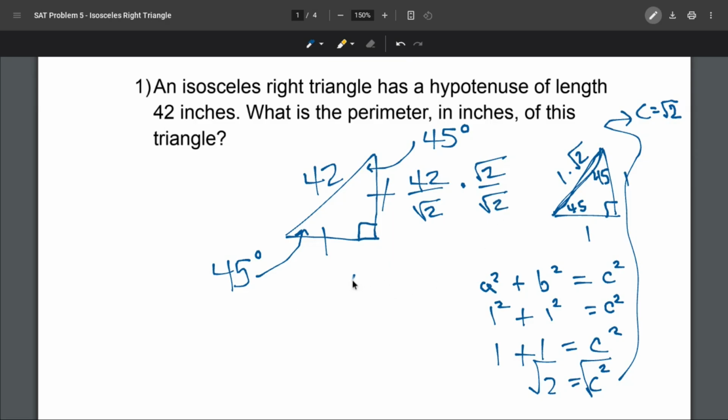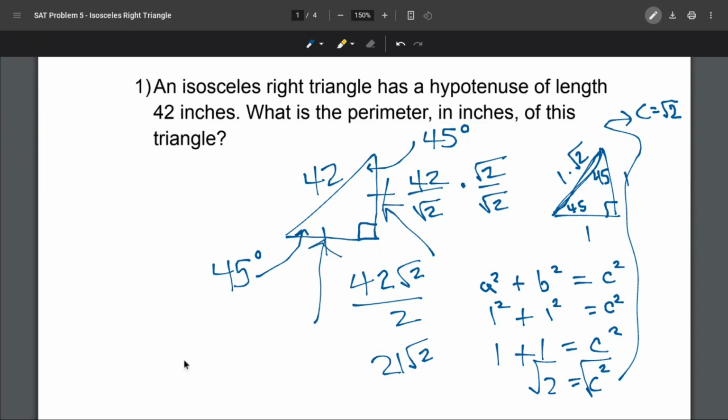So that's going to give me 42 square roots of 2 over 2. And 42 divided by 2 is going to be 21. So we're going to have 21 square roots of 2 for each of these sides.